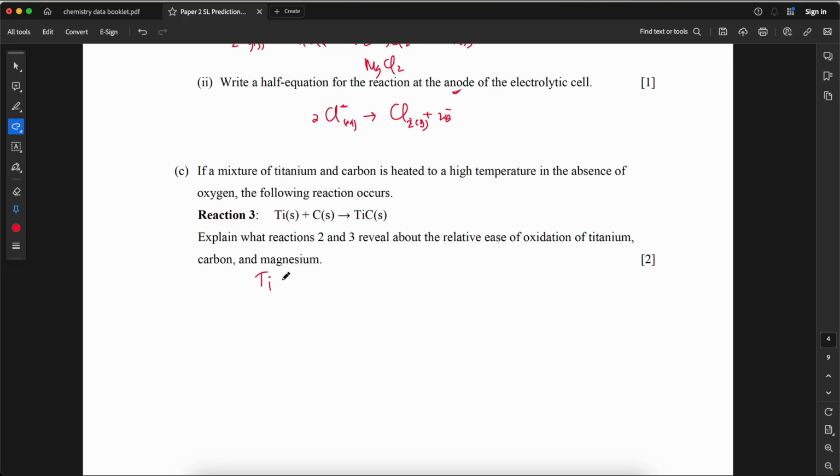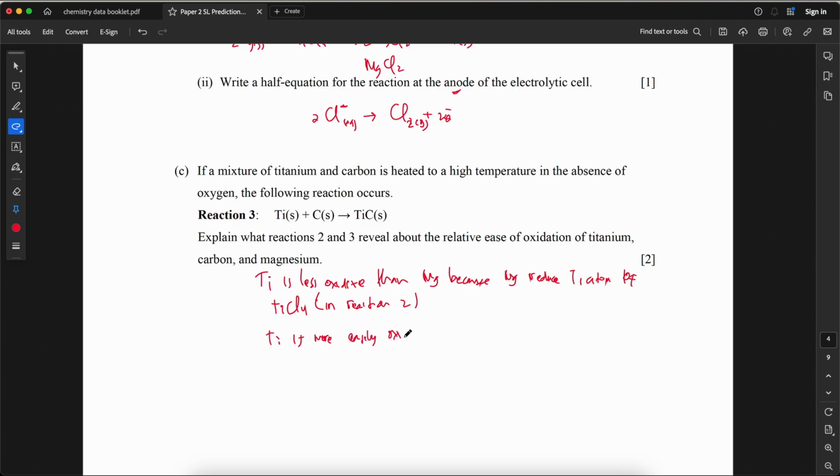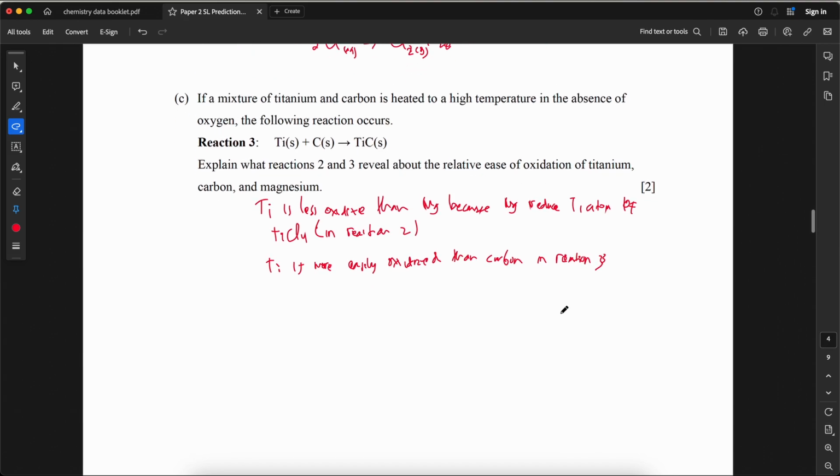The answer is Ti is less easily oxidized than Mg because Mg reduces the Ti atom of TiCl4 in reaction 2. Ti is more easily oxidized than carbon in reaction 3. Okay, let me explain how.